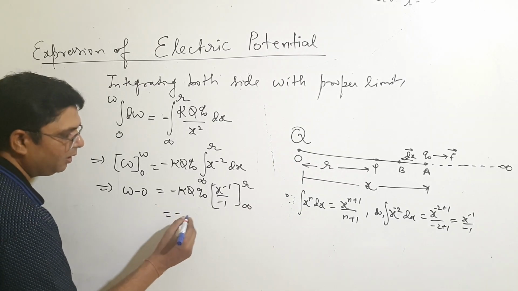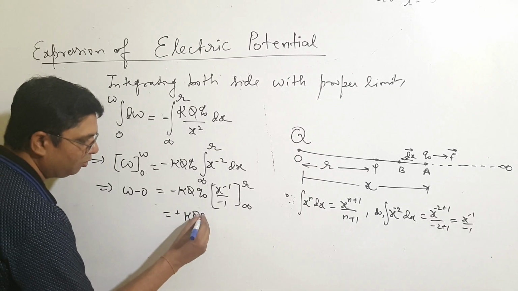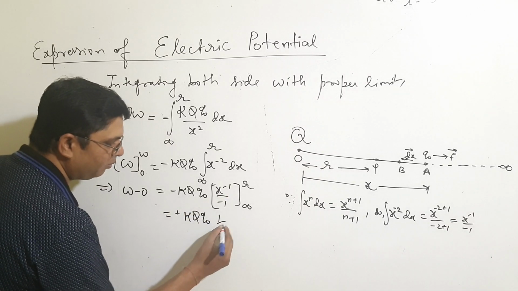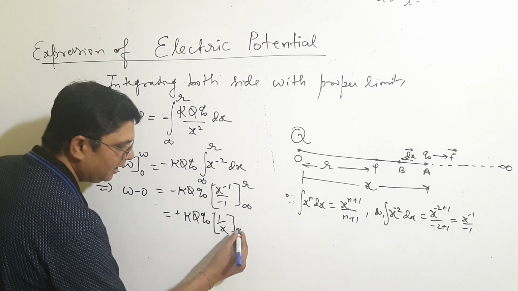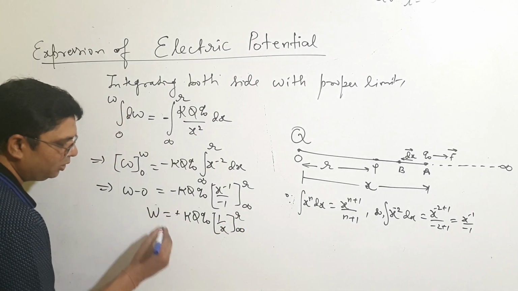Now this minus and this minus become plus, so you have K Q Q naught times 1 by x, integrated from infinity to R. The integration value is W, this work.